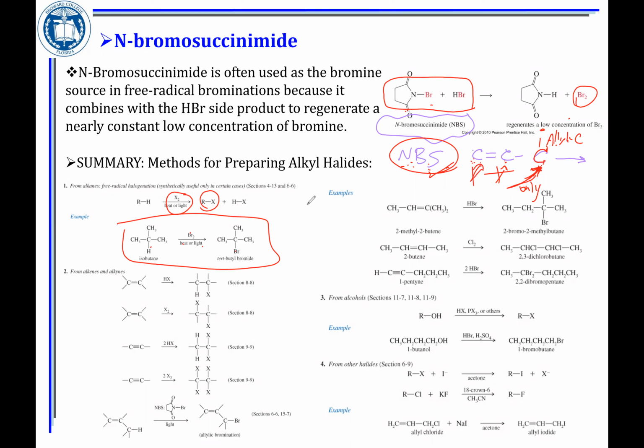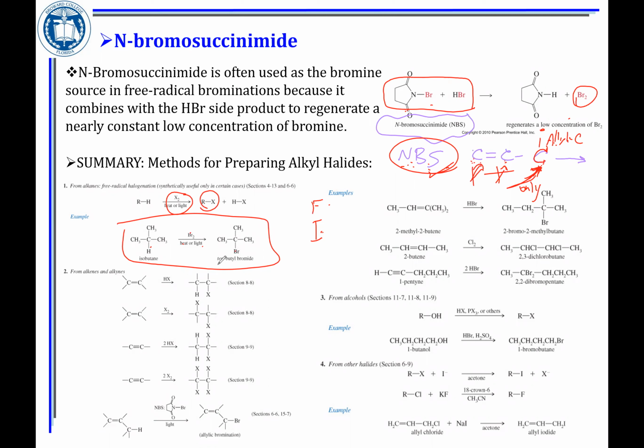We don't deal with fluorination or iodination because this is too fast and this is too slow. The only reactions suitable to be used in the lab are bromination and chlorination. So we have seen those. Chlorination requires less energy, it's exothermic, but bromination was an endothermic type reaction, and it is very, very selective.